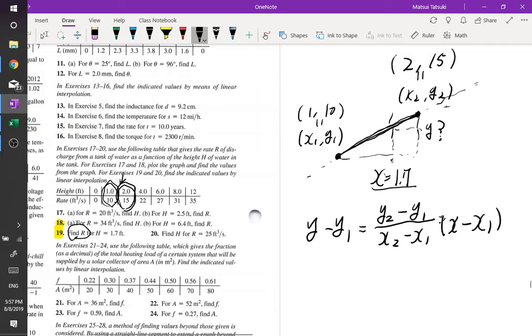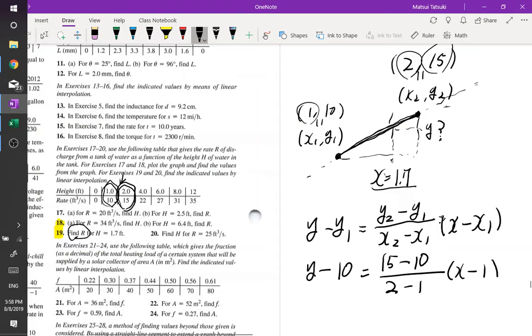So we just need to enter: x1 is 1, y1 is 10. Y minus 10 equals y2, which is 15, minus y1, which is 10, over x2, which is 2, minus x1, which is 1, times x minus 1.